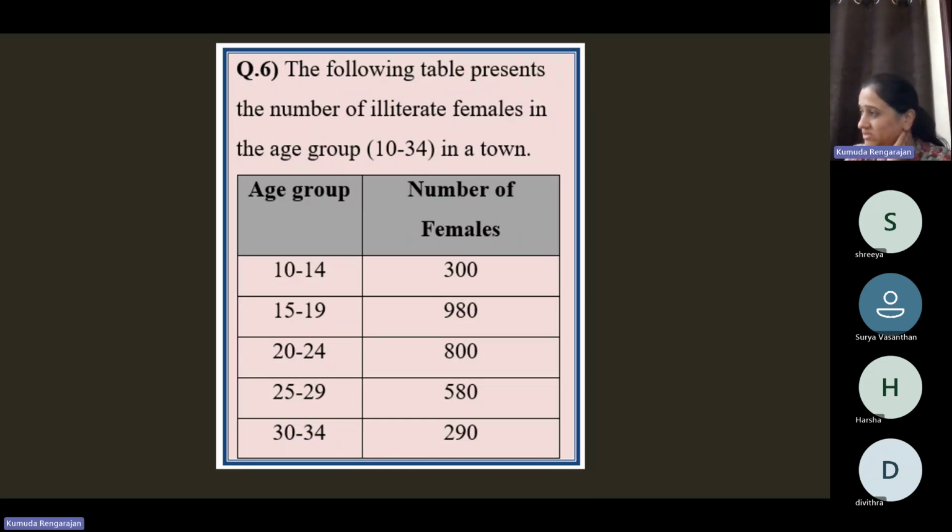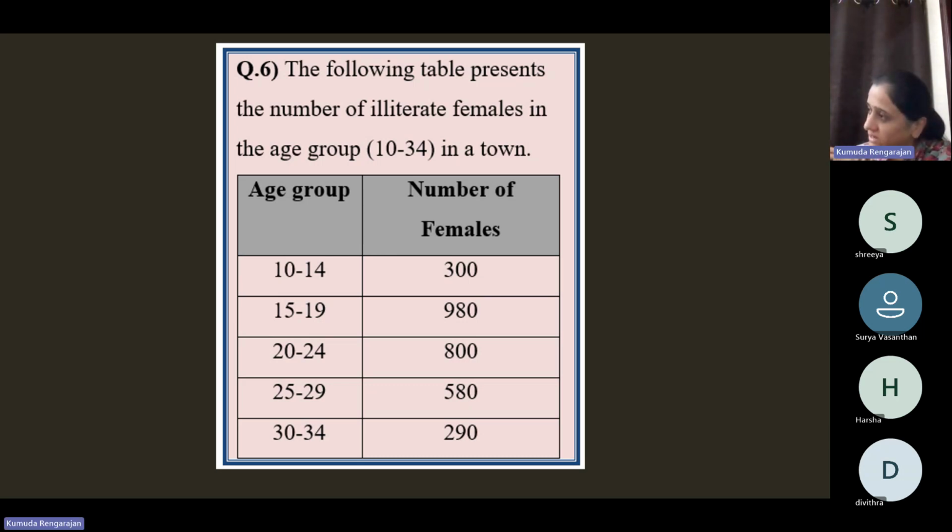This is the first question where we are coming across a frequency distribution where the class intervals are not continuous. In all the earlier questions, we had a different type of distribution, but everywhere the class intervals were continuous.